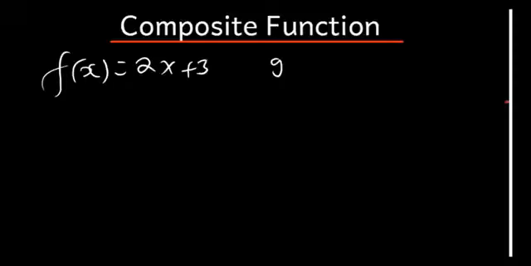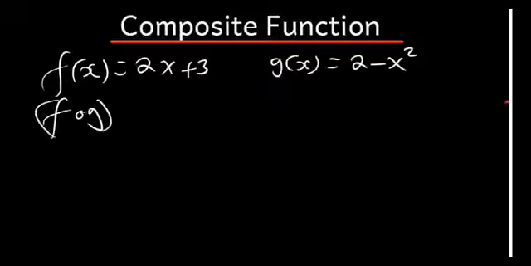Then our g of x is 2 minus x squared. Now if they ask us to find f of g of 0, what it means is that if we find f of g, where there is x, we're going to replace it with 0, and then we find the value.